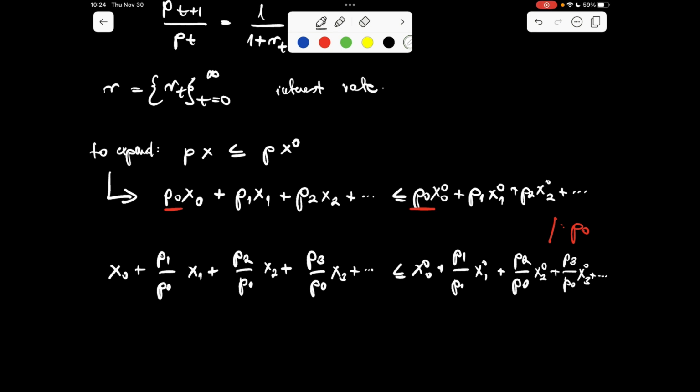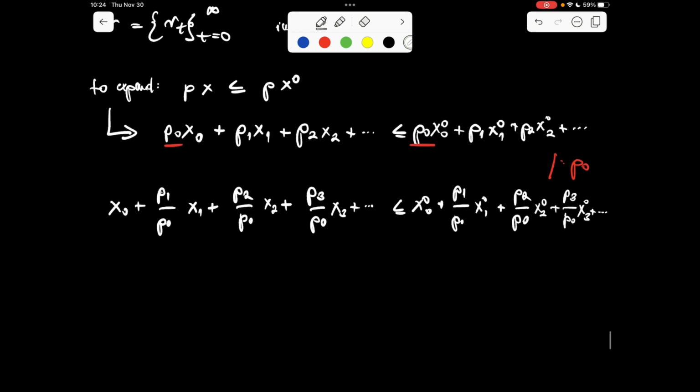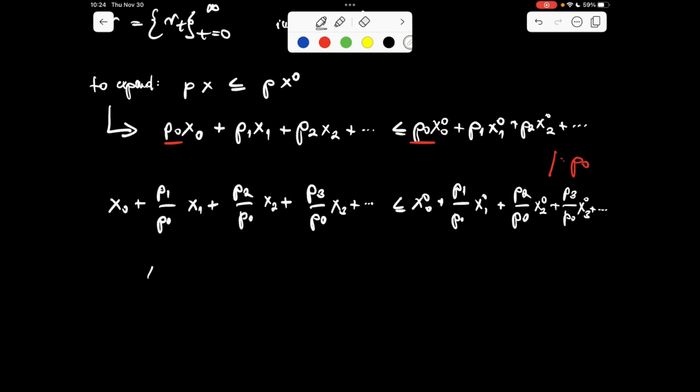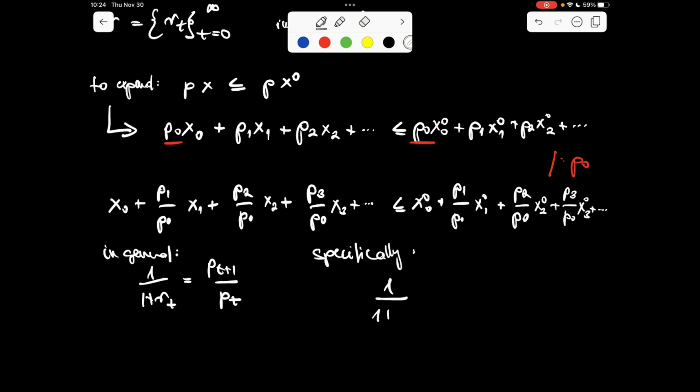Okay, and we also know that in general, which leads to the specific equality.